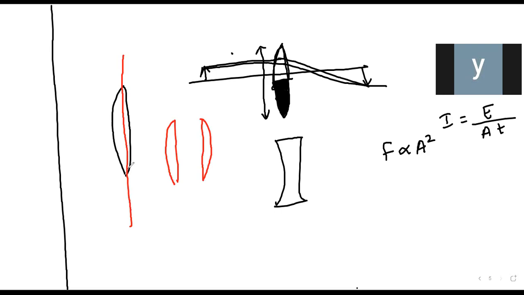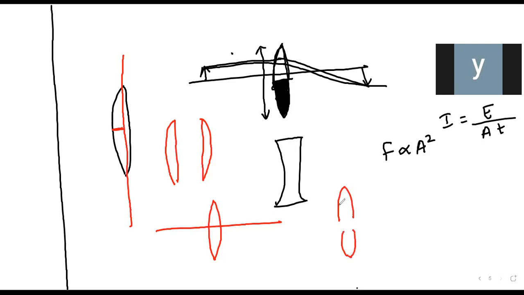Whenever I divide it, then what happens? The radius of curvature remains constant from here to here, so the focal length will be constant. Suppose I divide the lens along the direction of the principal axis, like this.